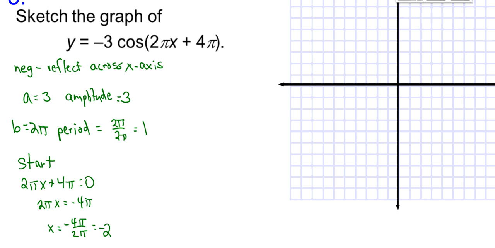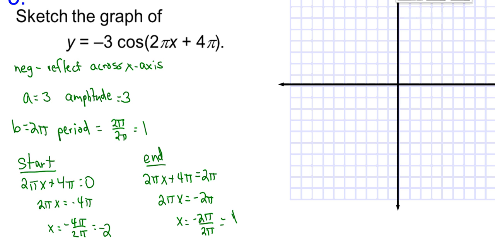So even though I'm using 4s, I'm going to start my increments at -2. And then my end of the period, one period, is going to be when that stuff in parentheses is equal to 2 pi. So I subtract 4 pi and I divide by 2 pi and I get -1.